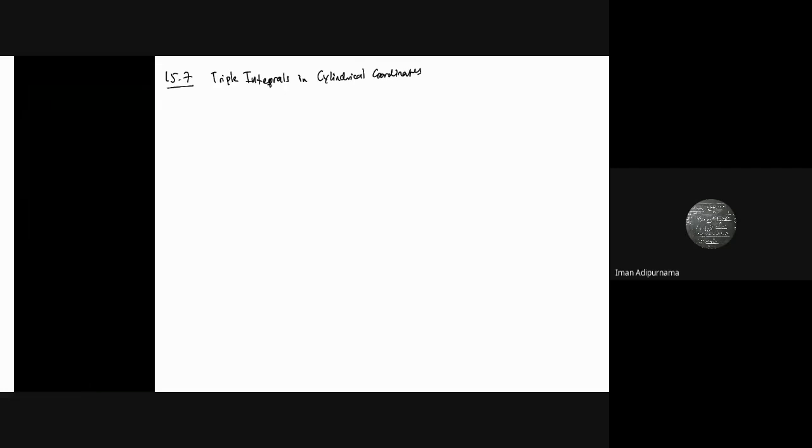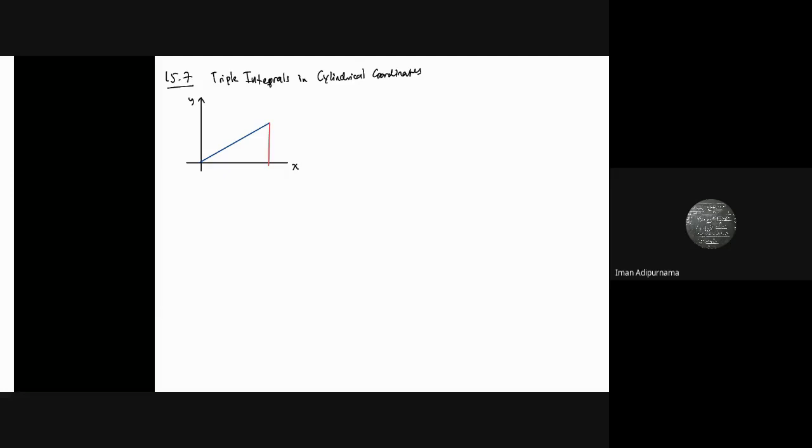As a reminder, let me write the polar conversion from the rectangular coordinates.